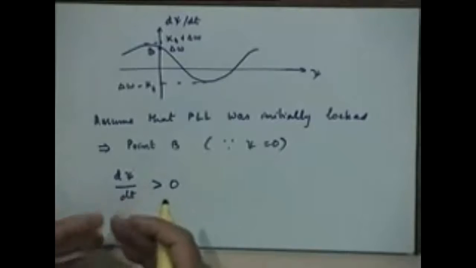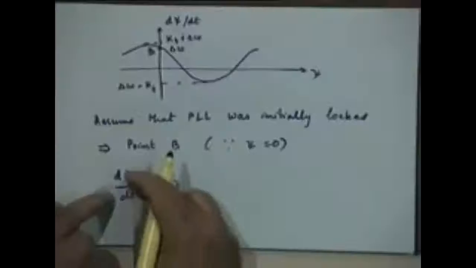What can you say? Can you make any statement? Remember, dt is time, increment in time. This will always be positive, isn't it? Time only progresses forward, it never goes backward, right. Therefore, d psi will always imply a positive increment.